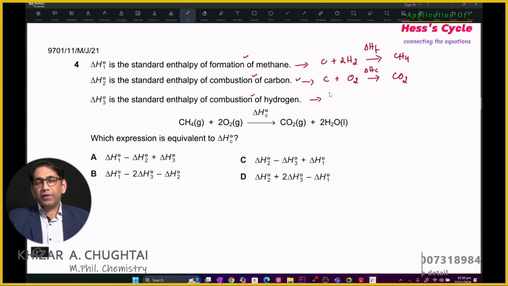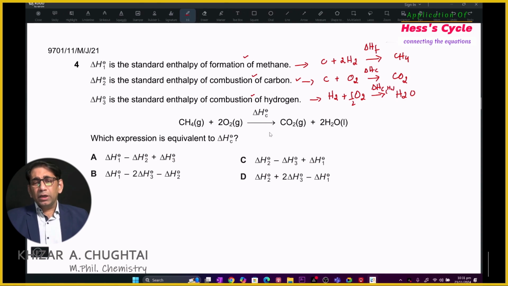Enthalpy of combustion of hydrogen, in which 1 mole of hydrogen is allowed to react with oxygen at high temperature, and there is formation of H2O water, and this is the balanced equation, and this is called enthalpy of combustion of hydrogen. So he is asking to find the enthalpy of combustion of methane.